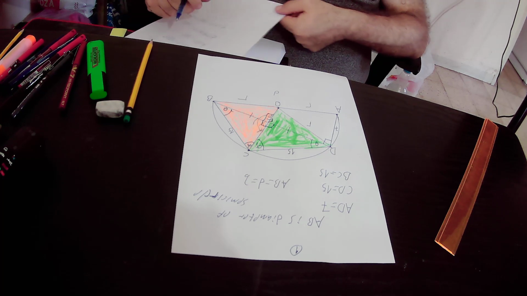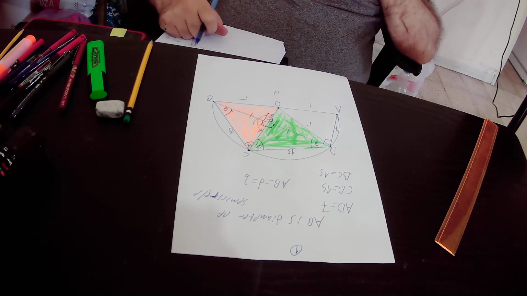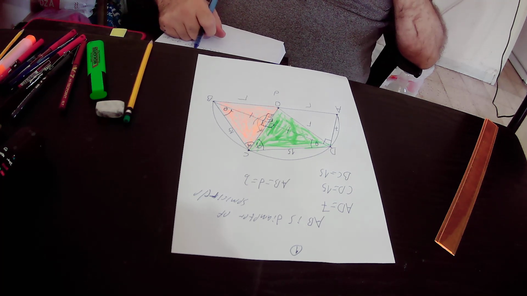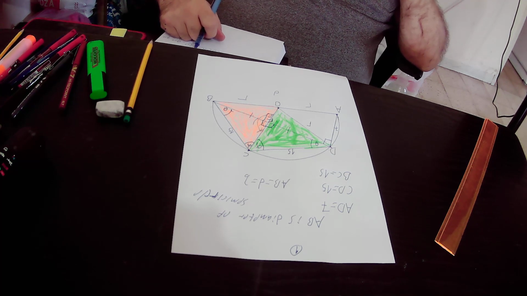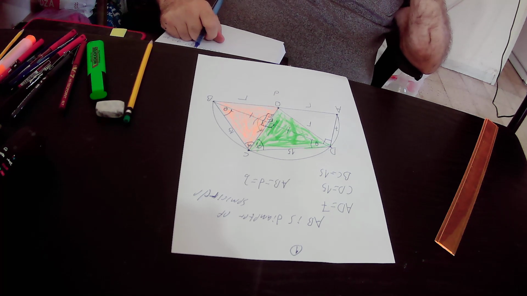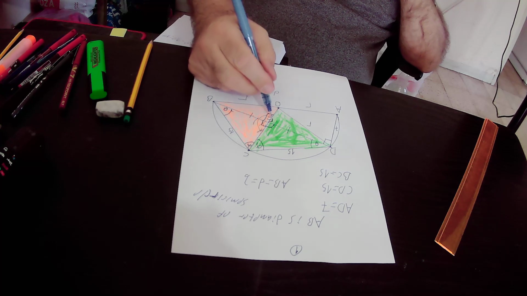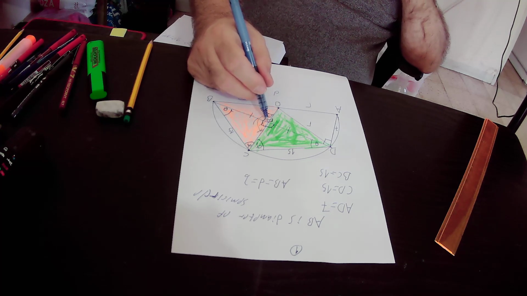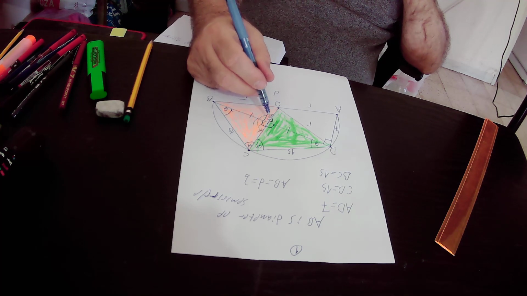And we also have a rule that the sum of the angles around any point equals 360 degrees. So the sum of the angles around point E equals 360 degrees.